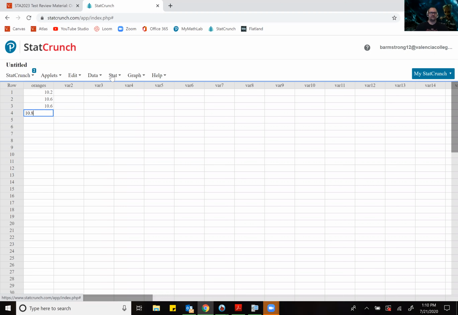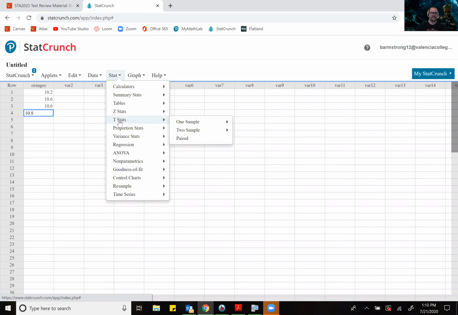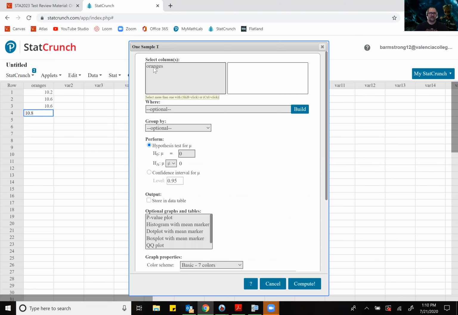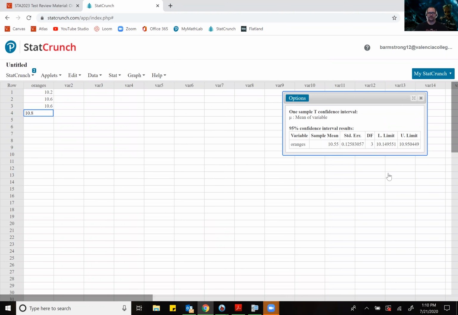Go to Stat. We're doing T statistics, one sample with data. Select oranges. We're not hypothesis testing, we're doing a confidence interval. Now you're ready. Compute. And there's that same information again.